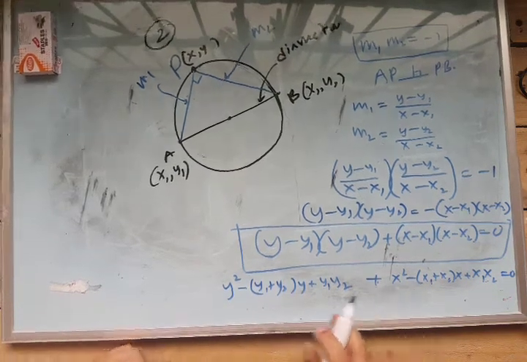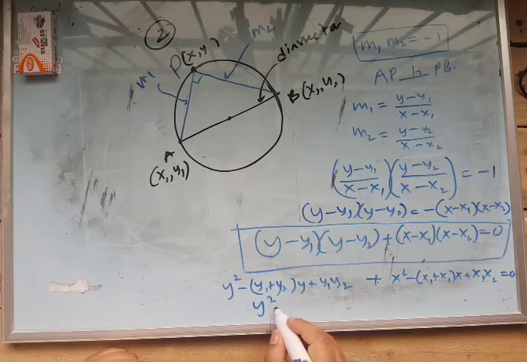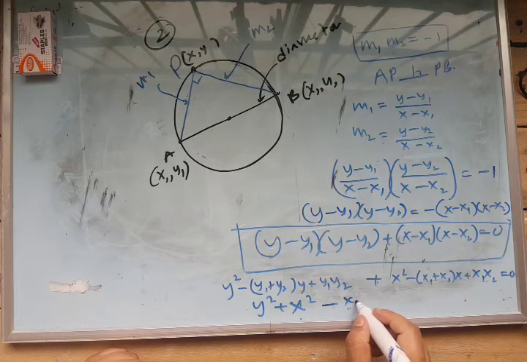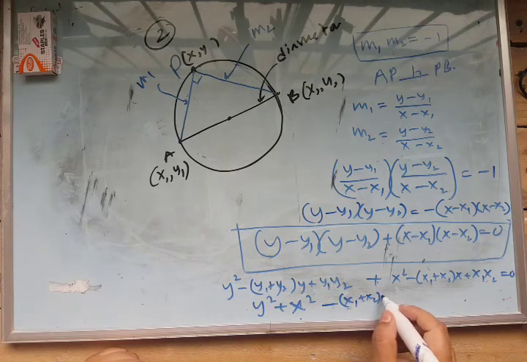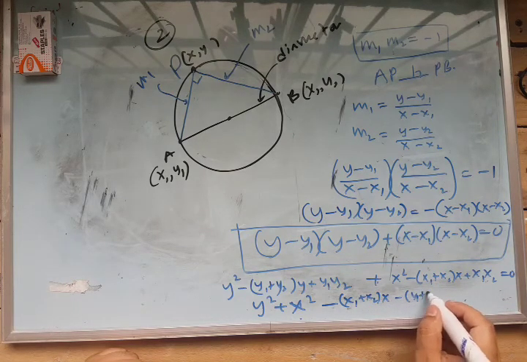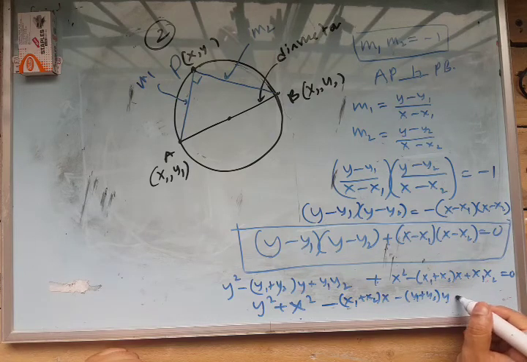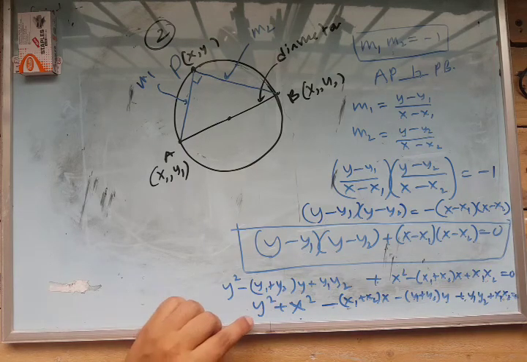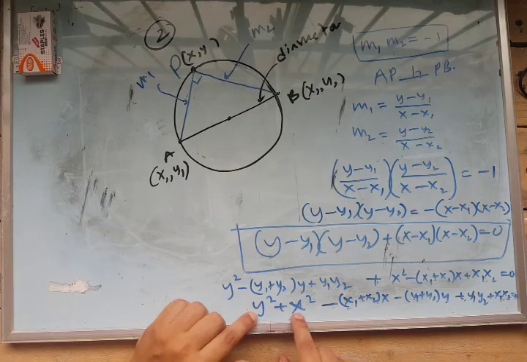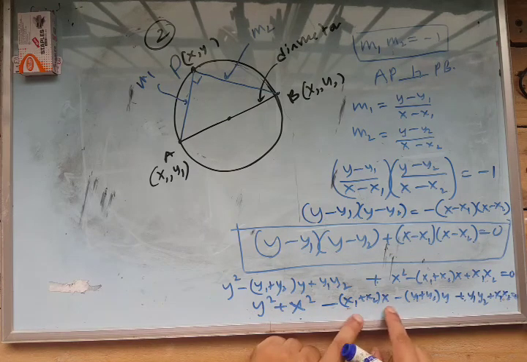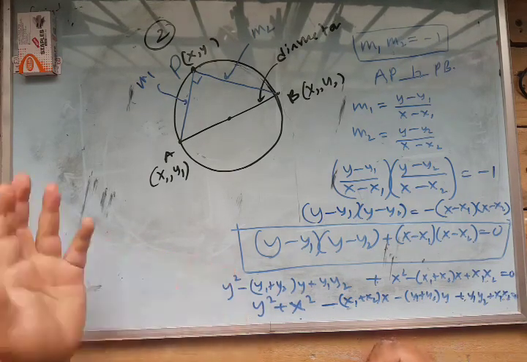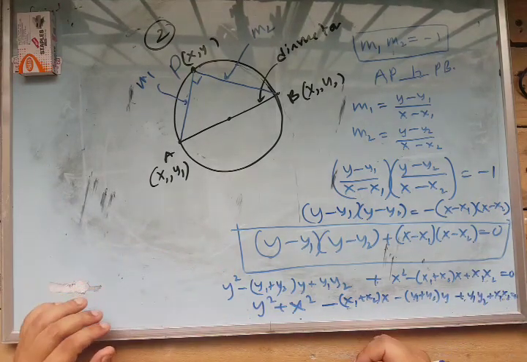Then you can couple these: x squared plus y squared minus (x1 plus x2) x minus (y1 plus y2) y plus x1 x2 plus y1 y2 equal to 0. You can see that you have the quadratic terms y squared plus x squared, then x terms and y terms, then a constant. So this is quite similar to the previous case.